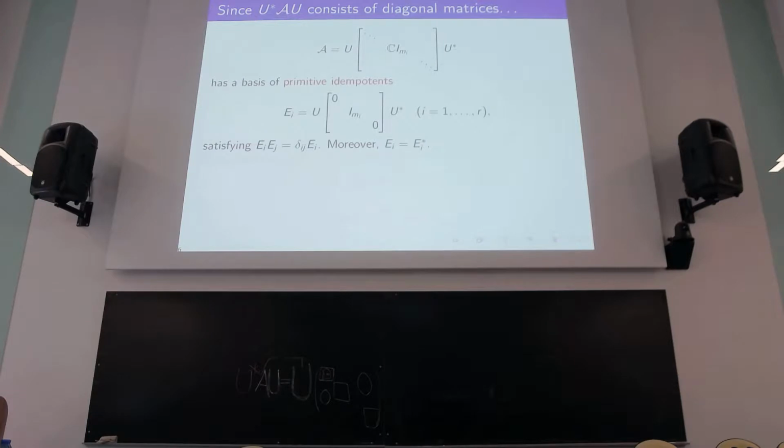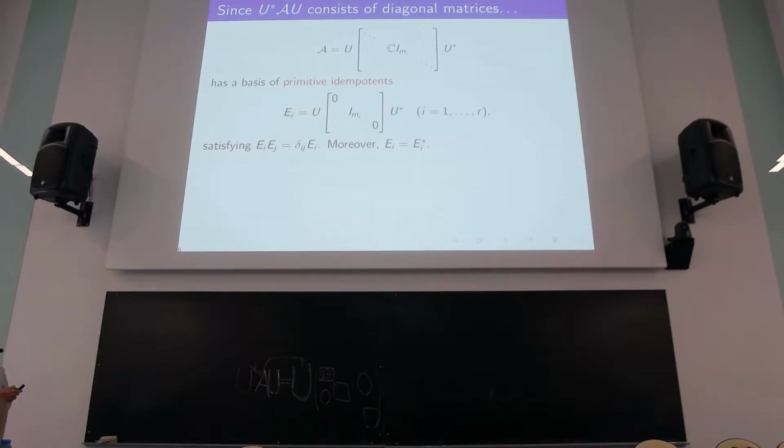So the position of the star is different. But this has a basis of primitive idempotents. That is, you just take out the scalar, and then you get a single matrix where you have 0 and 1 on the diagonal, sandwiched by this unitary matrix. This is the basis of this algebra.